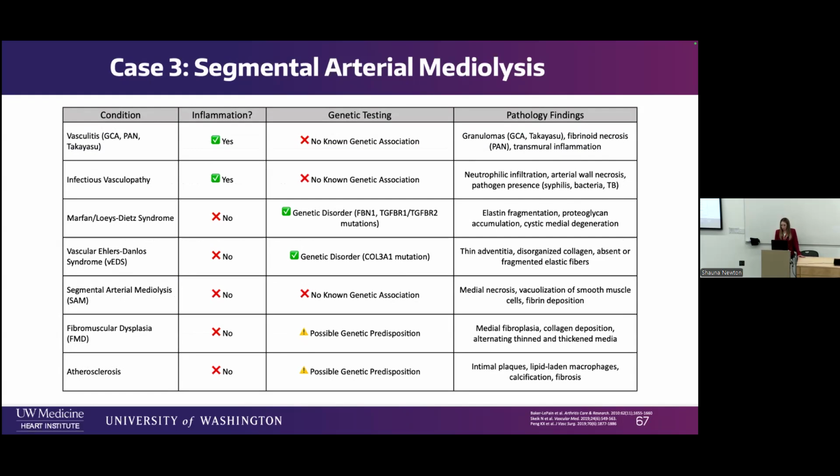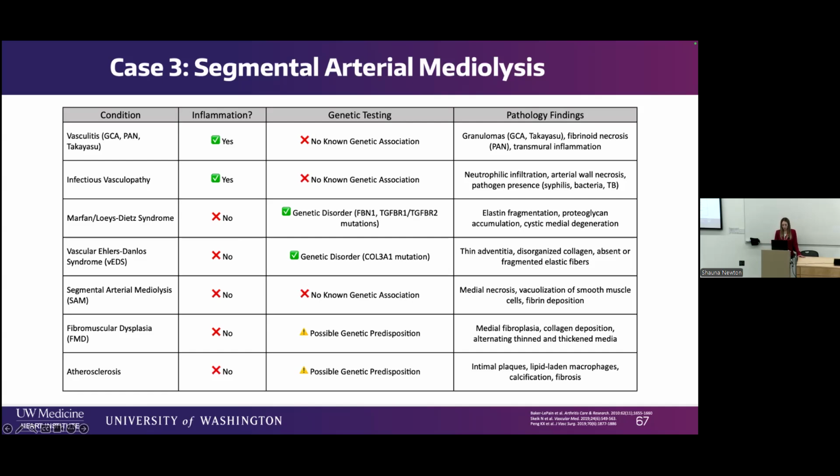If there's no inflammation, I think the next step is really to send genetic testing. So what you're looking for are diseases like Marfan's, Loeys-Dietz, and vascular Ehlers-Danlos, which can all have diffuse blood vessel pathology. If genetic testing is negative, that's when you're going to put your patients into the segmental arterial mediolysis, fibromuscular dysplasia, or atherosclerosis bucket.